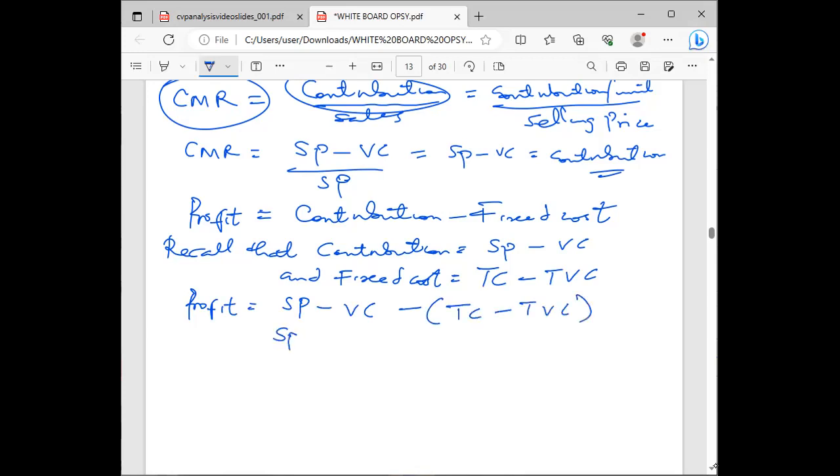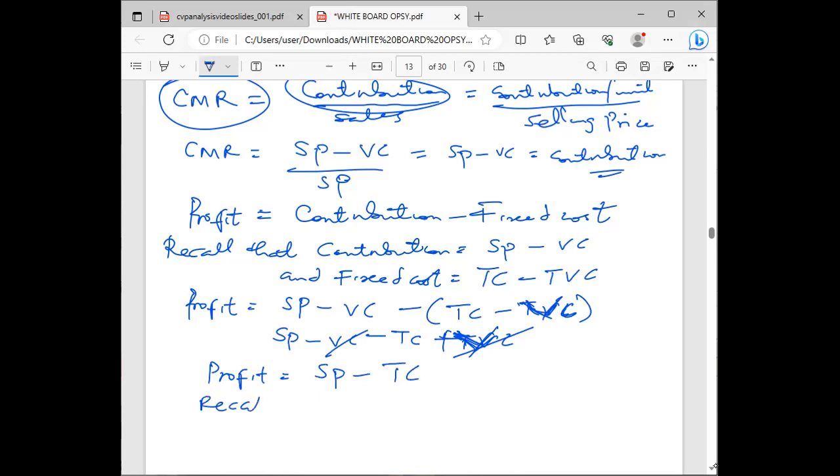This gives me SP minus VC minus TC plus TVC. The VC minus VC cancel, so profit is equal to selling price minus total cost.